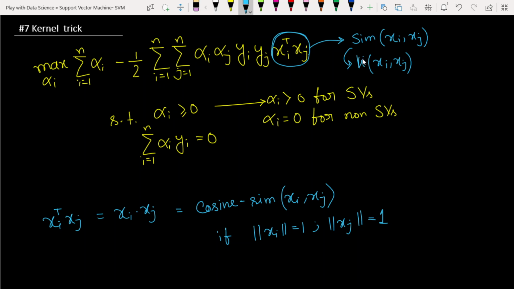We can easily replace this with a kernel between x_i and x_j. In the next part of this series on support vector machines, we will see how the kernel trick works. If we use K of x_i, x_j, this formulation converts to the kernel trick.